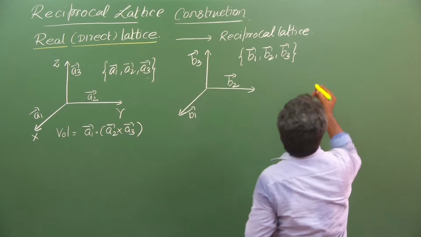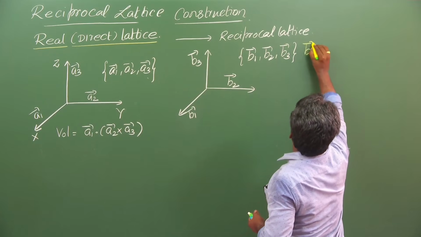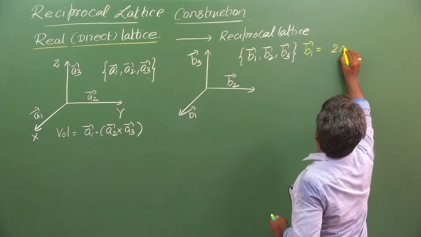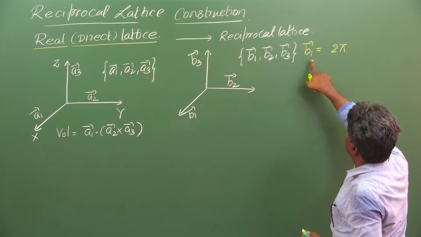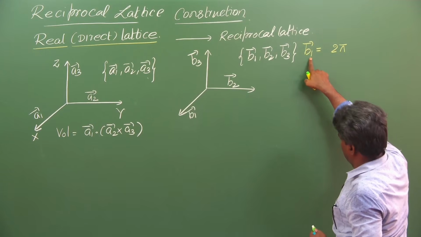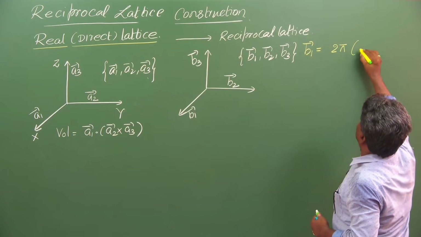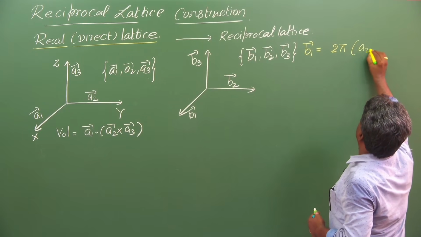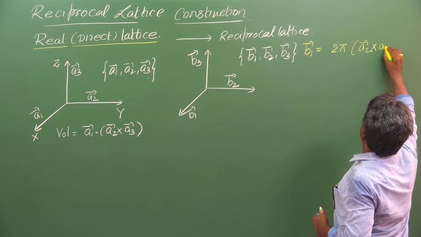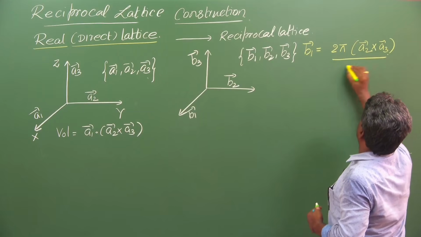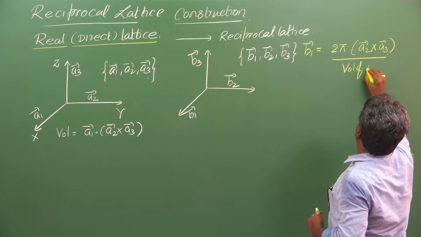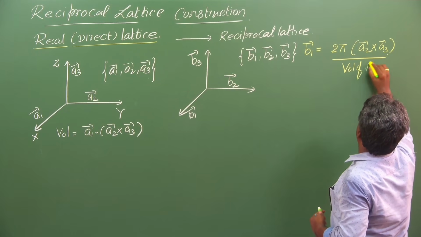Simple definition, everyone please listen. B1 bar is defined as 2 pi into A2 bar cross A3 bar divided by the volume of the direct lattice, the volume of real space.